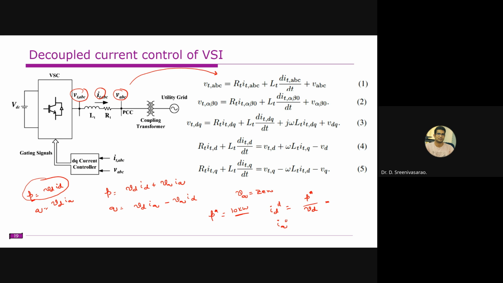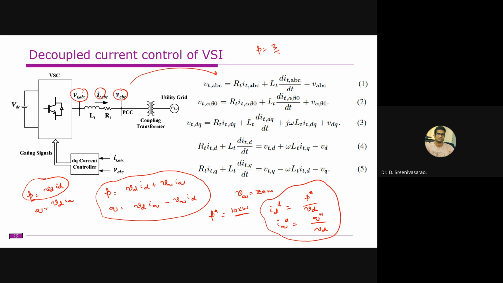Similarly, for this IQ star, if you want to control some reactive power, this will be Q star divided by VD. Understood. So these are important parameters: setting up the ID and IQ reference values. You know that sometimes the transformation is magnitude invariant, or there are alternative equations, like 3 by 2 times VD into ID plus VQ into IQ.